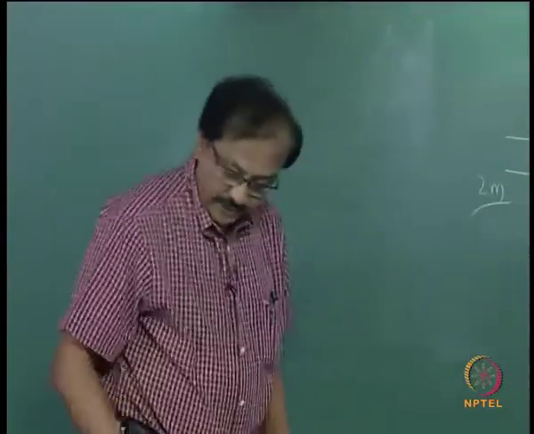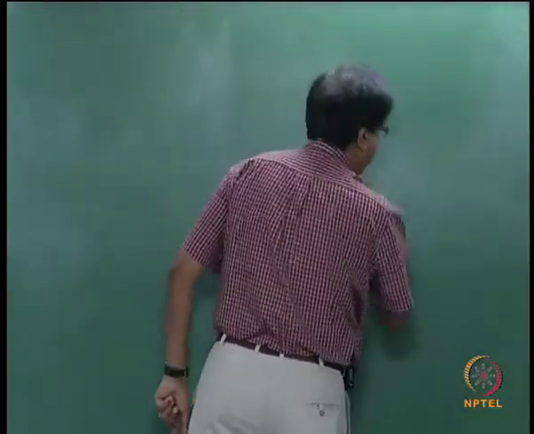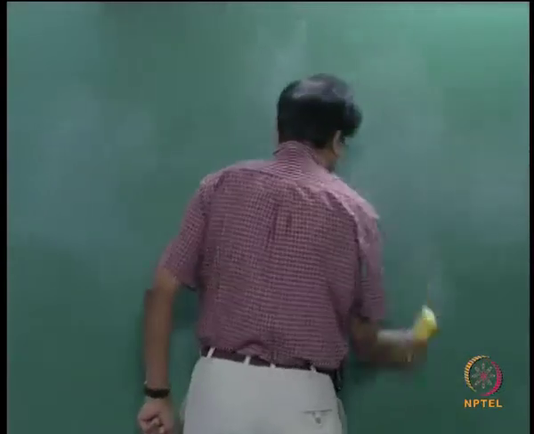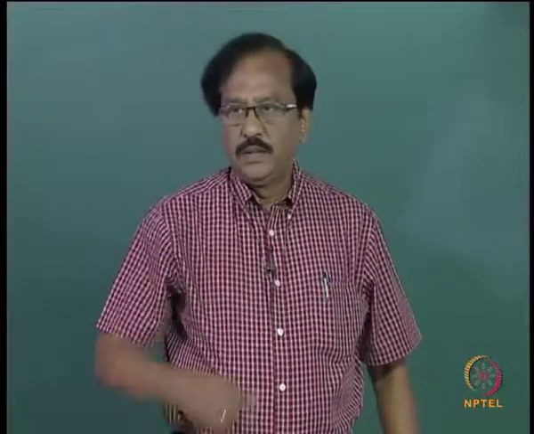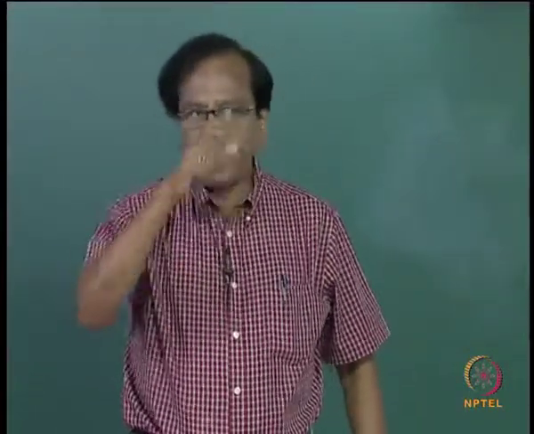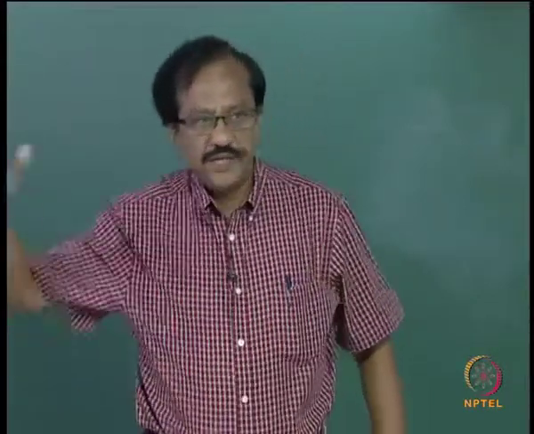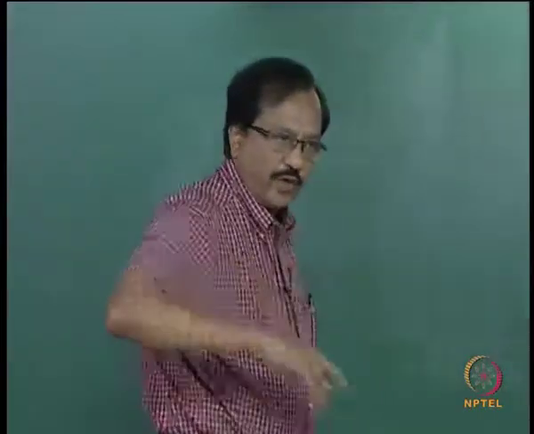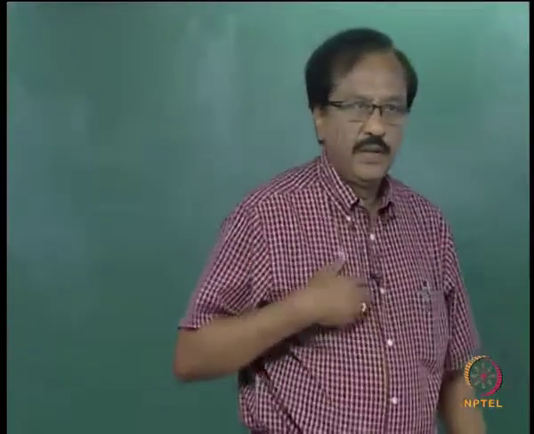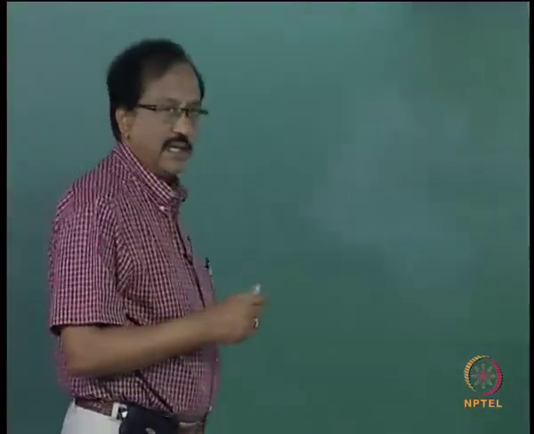So, for coastal protection this is generally not a good solution, but modifications of the vertical wall are being thought of. Modifying means what? You have some kind of perforations on the wall etc., so that the energy will get dissipated when the waves are flowing through the walls. I will show you a typical structure later on this aspect.